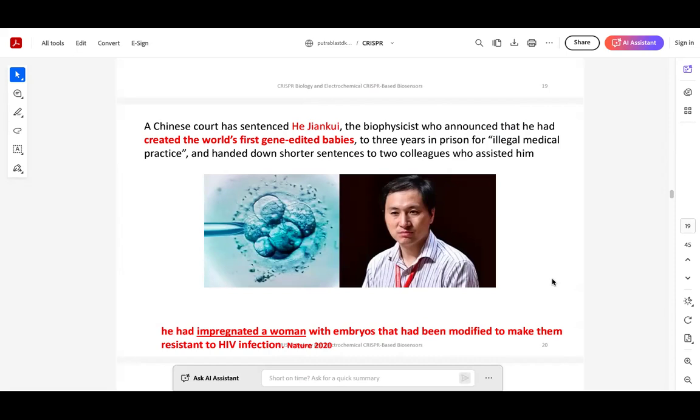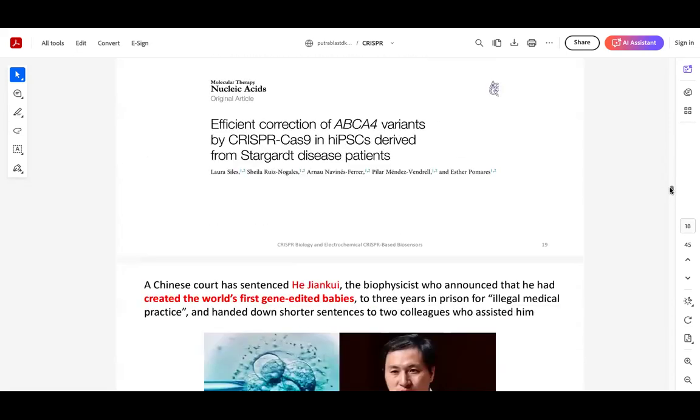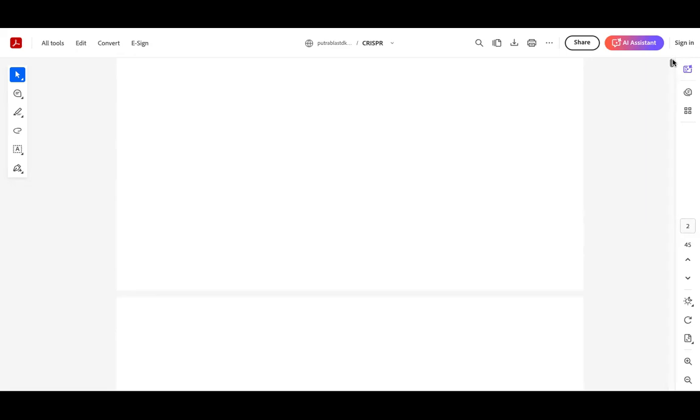But since what he did is considered unethical, he went to prison. I don't know for how many years, I forgot. So it's not ethical to do that. Probably in future, I don't know.